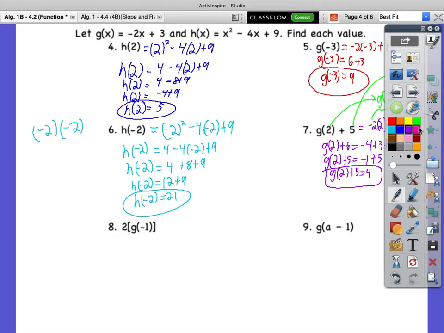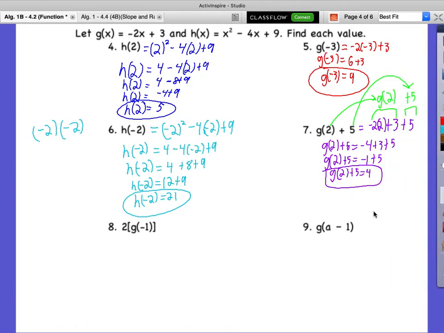Based upon what we did on number 7, what do we think we're going to do on number 8? We're going to do equals whatever. That's a G of negative 1, right? So we go negative 2, then put a bracket, and then we put negative 1, and then plus 3.